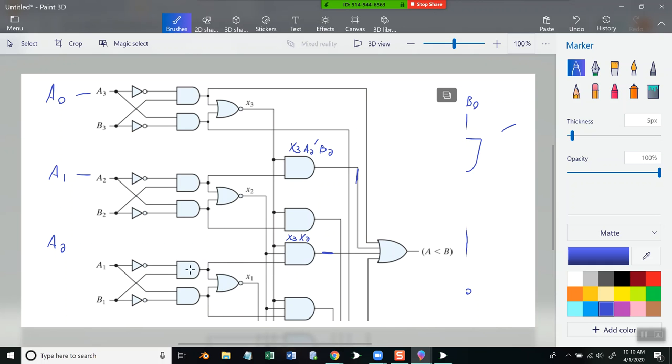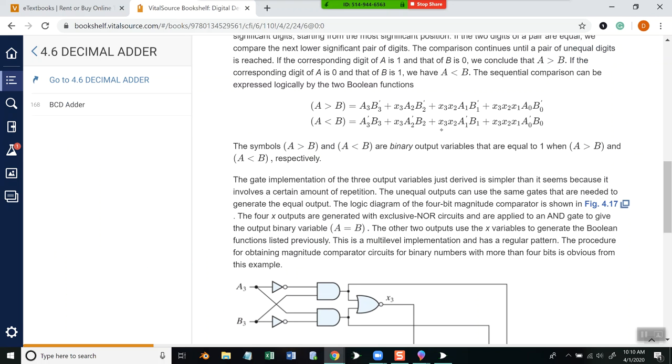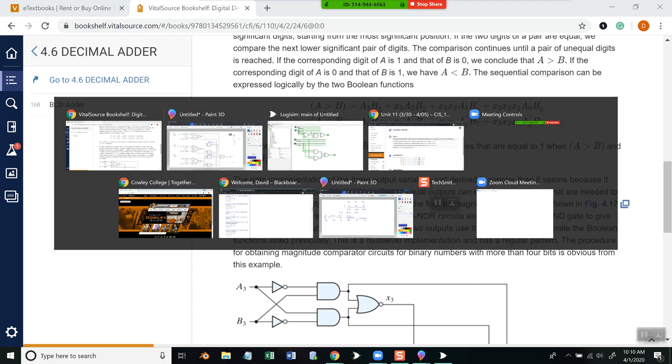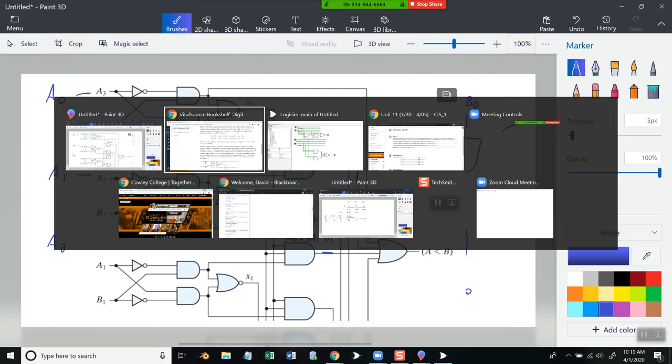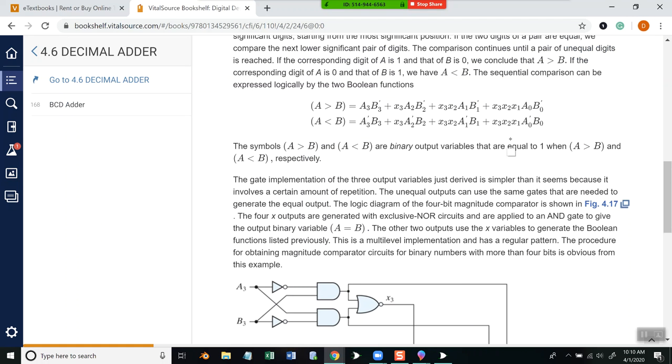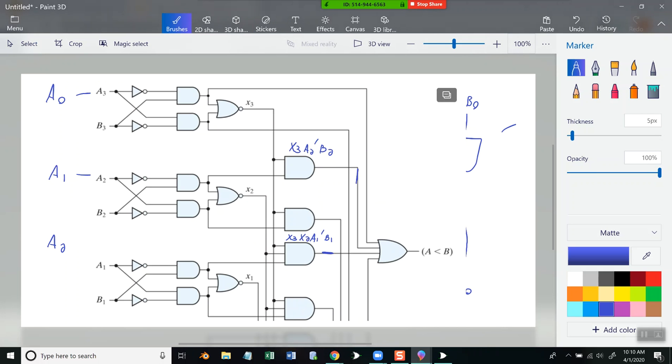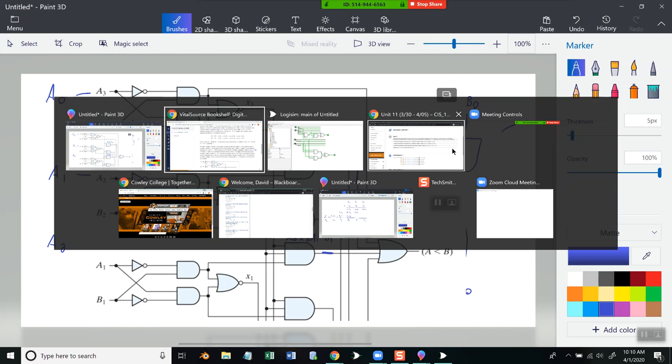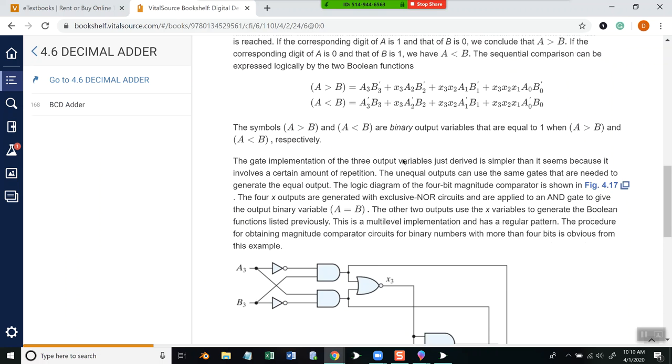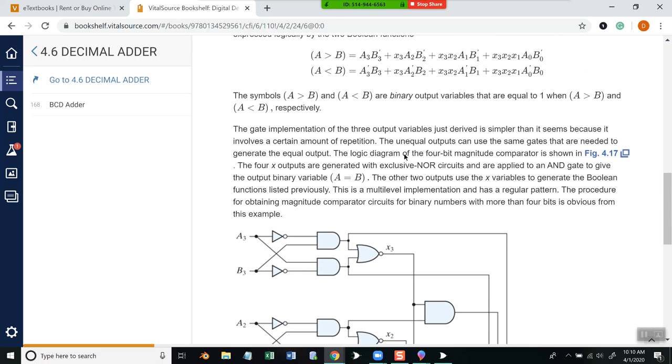This is coming in from this AND right here, which is A1 prime, B1. X3, X2, A1 prime, B1. Does that make sense on how to interpret those? We'll trust that everything's correct on there, but all they're doing there is implementing these.